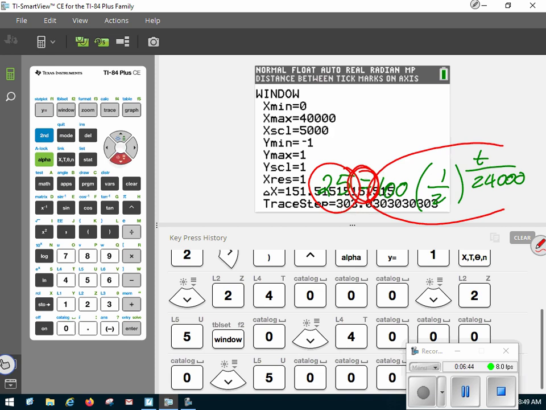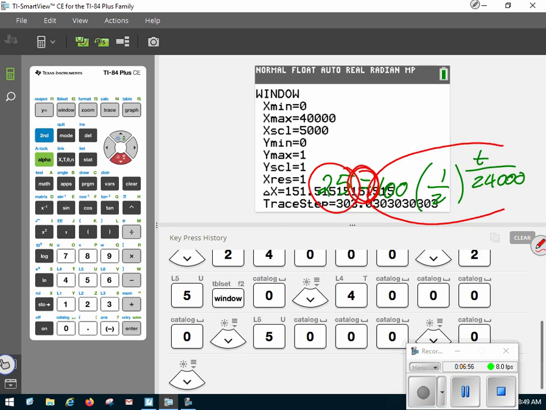Now your y. Your y is the amount in grams. I can't have a negative amount. So make that y min 0. Now I want you to think about this. How many grams am I looking for? I want to know when that number of grams is 25. You need to go past 25. So you could go to 50. You bet.